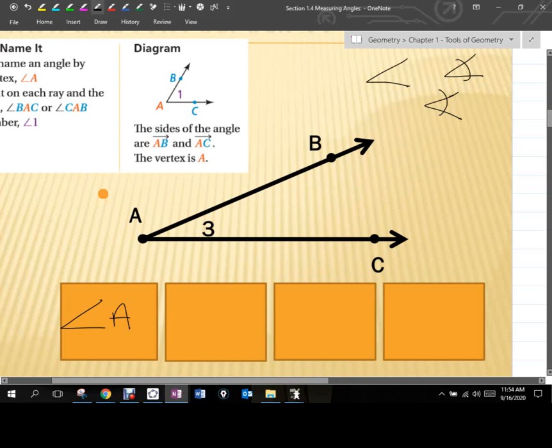Another way is there will be times where they put a number inside that does not have a degree symbol on it. If I put a degree symbol on it, now I'm giving you a characteristic about the angle, and I'm not giving you a way to name it. They usually do this if there are multiple angles in the picture, so you can easily reference them, easily talk about them. So we can call this angle 3.